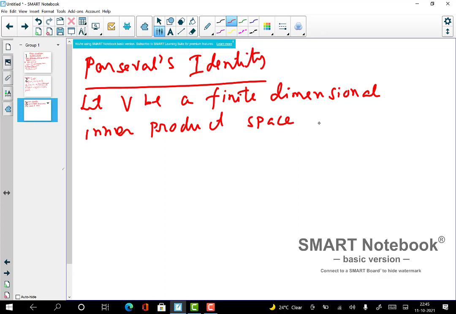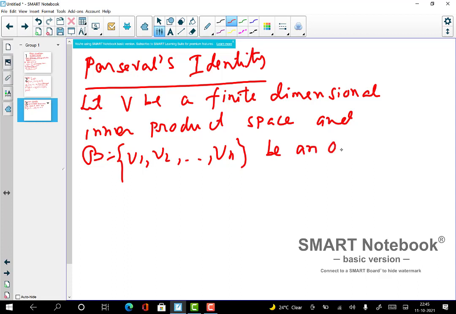Obviously that means you can have an orthonormal basis, so you choose, say, B1, B2, up to Bn, an orthonormal basis of V. Then what happens?